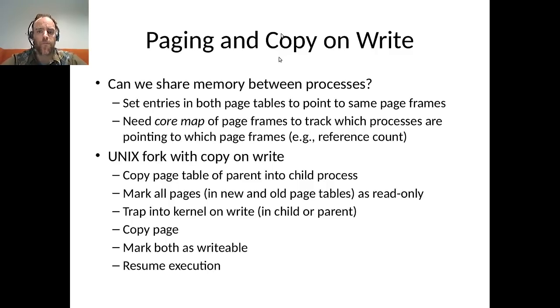So how can we handle this copy on write that we looked at with segmented translation? Well, it's just as easy with page translation. If we want to share memory between processes, we can set entries in both page tables to point to the same page frames.